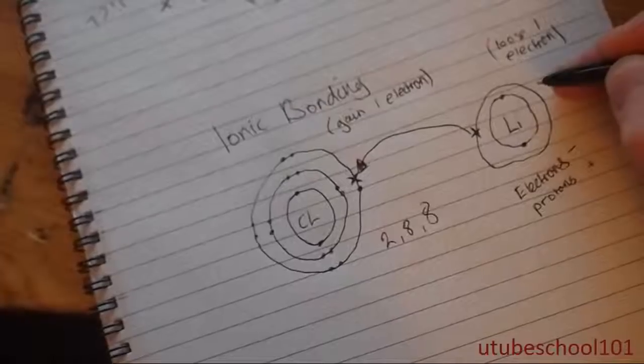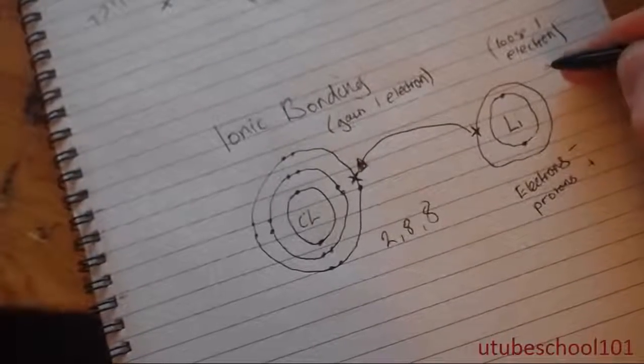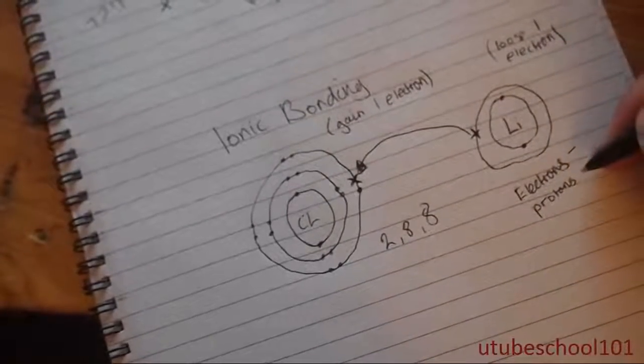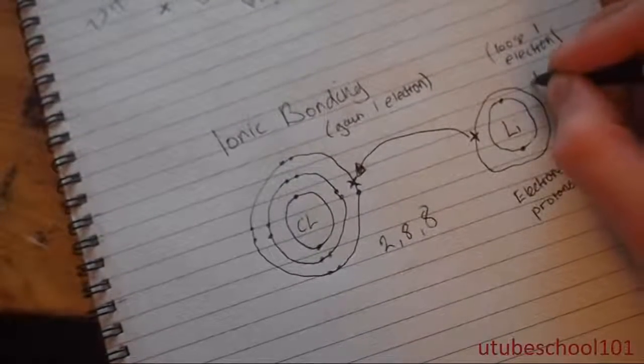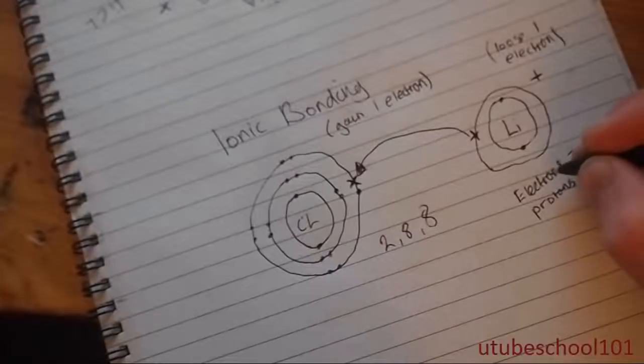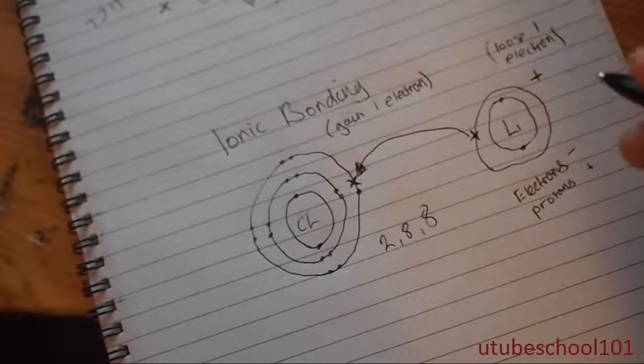But now it only has 2 electrons. So that means it has 3 protons, 2 electrons. So it has a positive charge because there are more protons than electrons, and the difference is 1. There's 1 extra proton.